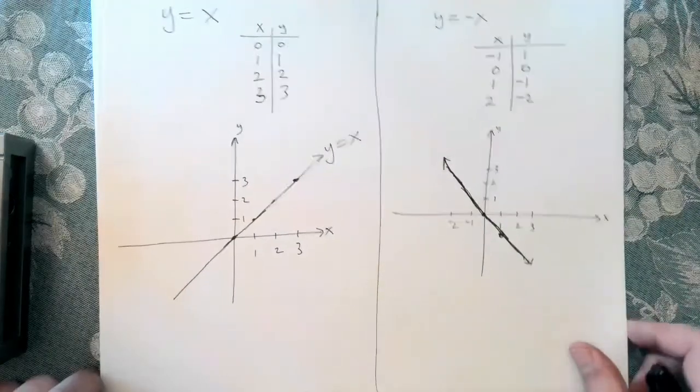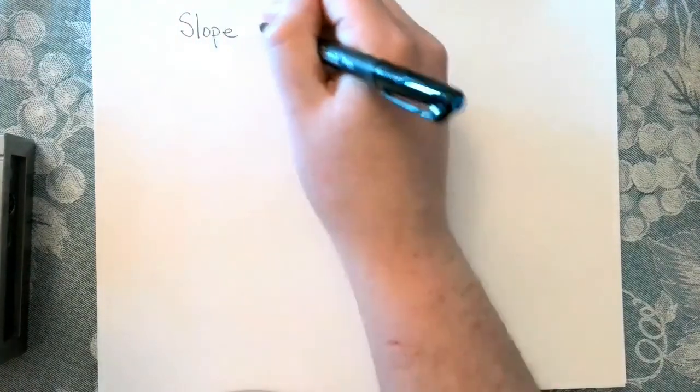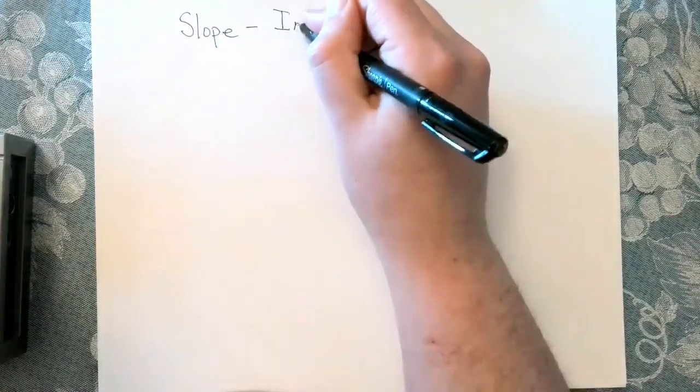Okay, so what's an important form of a line? Well, the first important form is this slope-intercept form. Again, you've probably seen this before. It is a classic.